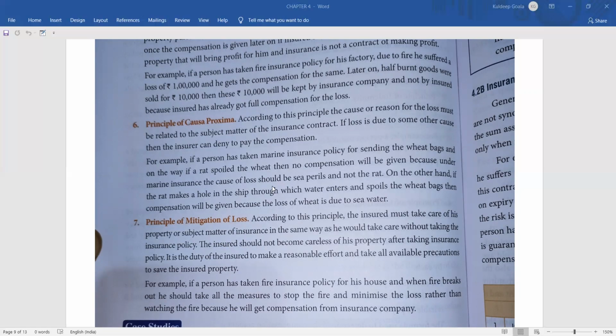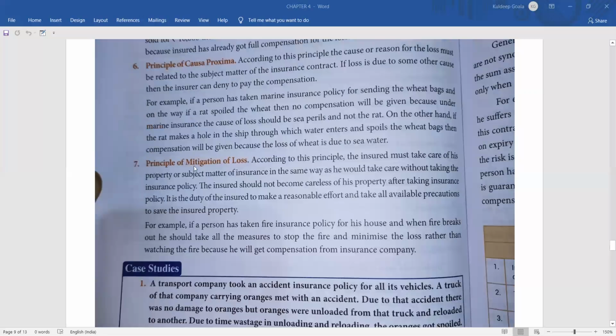He will not be getting the benefit from that cancer insurance, because he is suffering from some other disease. That is what is told. The problem for which the insurance has been taken, related to that only you will get the insurance compensation, not for any other reason.